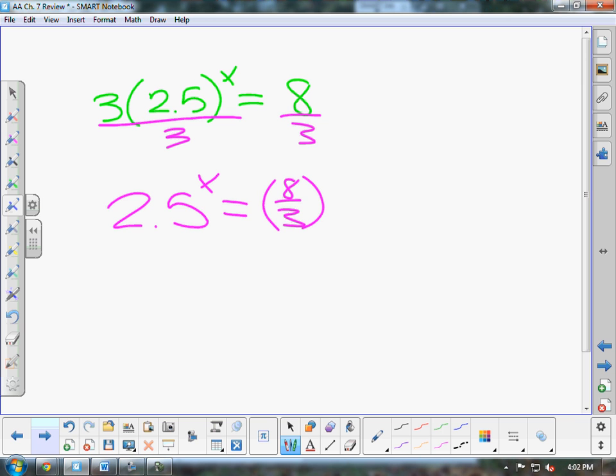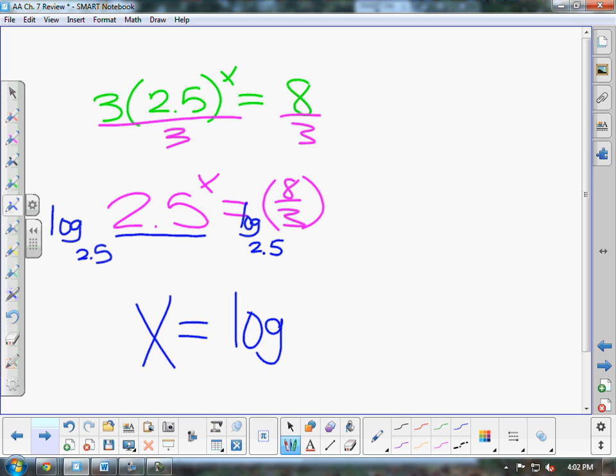Then, because we have a variable in the exponent, to get rid of the base of 2.5, you have to take a log with a base of 2.5 to both sides. And then on this side, the log 2.5 and the 2.5 go away, and you're left with x. This side, then you have log base 2.5 of 8/3.